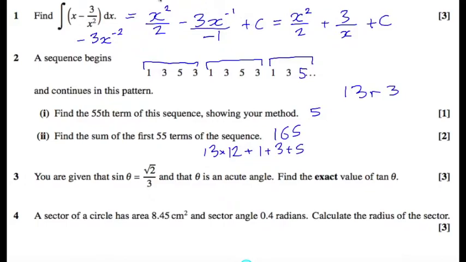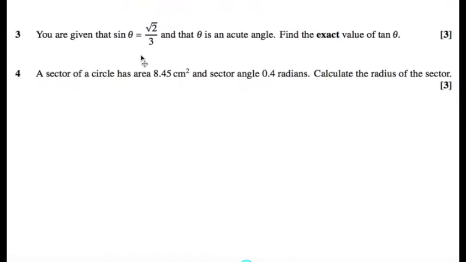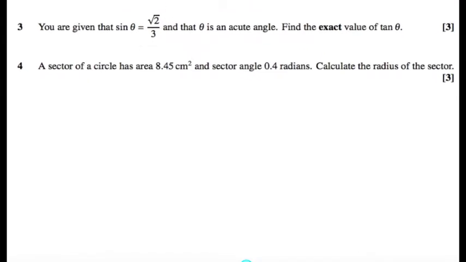Okay, question 3. You are given that sine theta equals root 2 over 3 and that theta is an acute angle. Find the exact value of tan theta. You can kind of do this with your calculator, but given that it's 3 marks, really you should be using some kind of right-angled triangle.